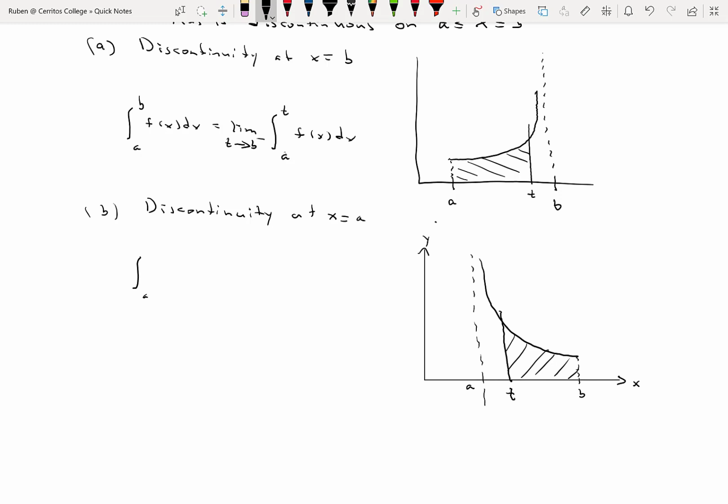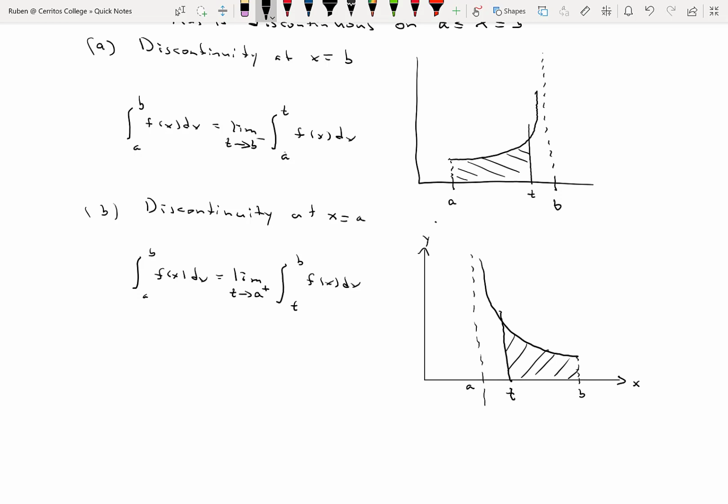So the integral from a to b will equal, approximately actually, the integral from t to b of the function, because we pushed the lower limit of integration forward. Then we take the limit as the lower limit of integration pushes its way back to a, so the t will approach a from the right hand side.